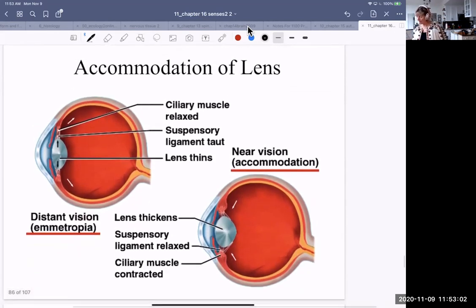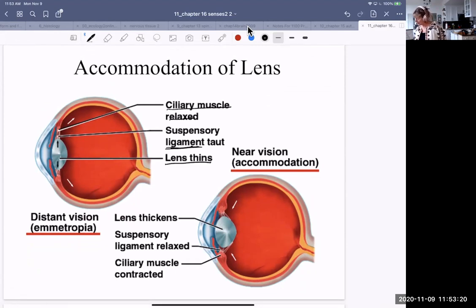And that occurs when the lens is thin. The muscles, the ciliary muscles, are relaxed, but the ligaments are tight or taut. So they pull on the lens, keeping it flat. So that's when something is far away.